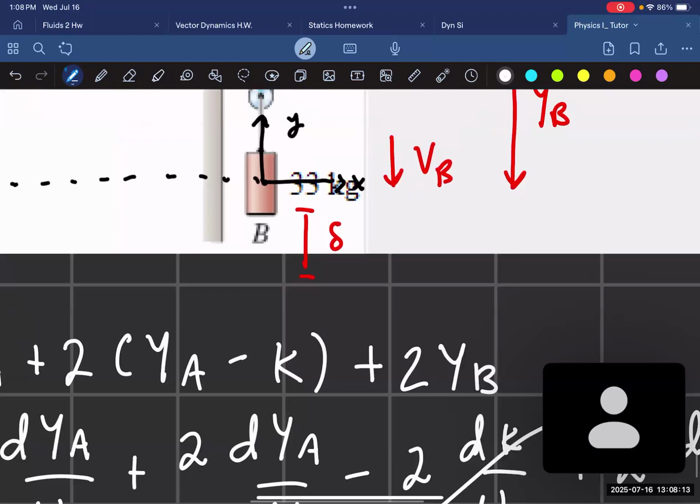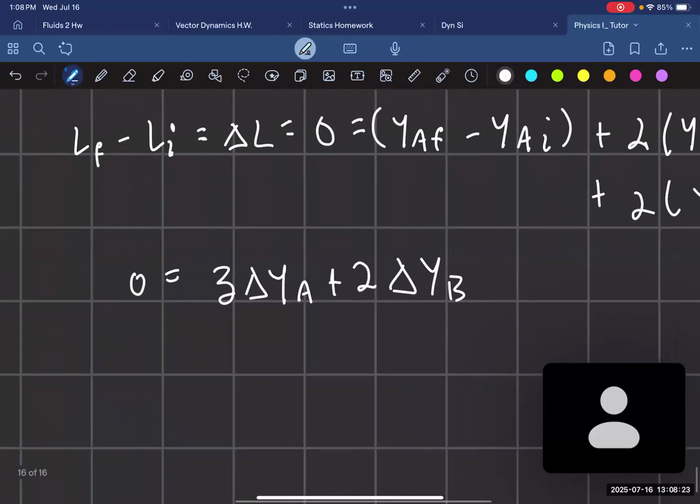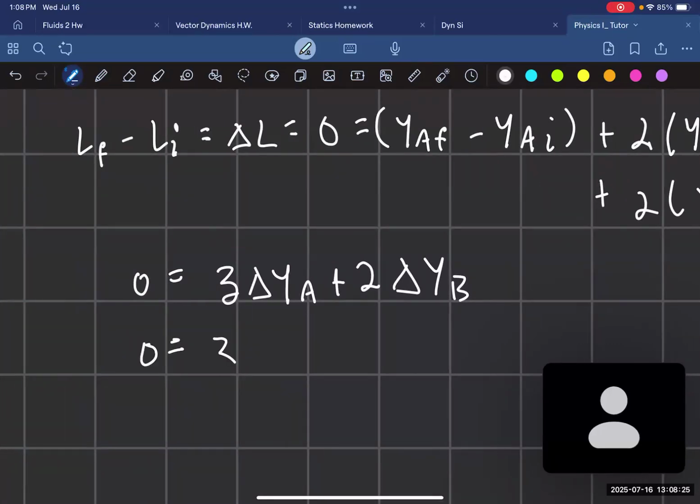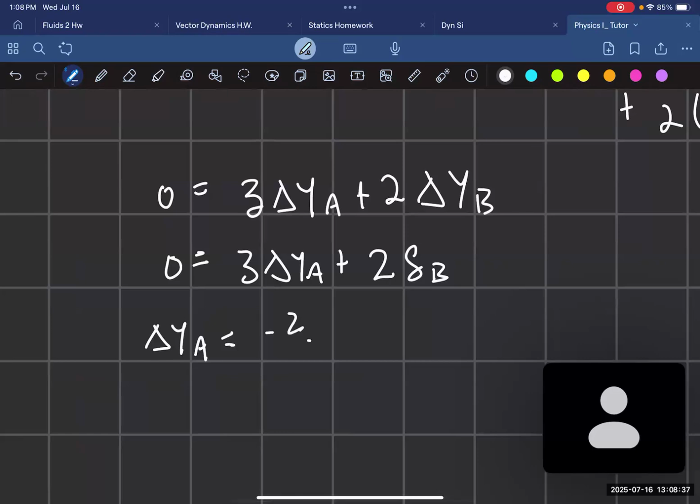This right here is delta y b, which 0 then is equal to 3 delta y a plus 2 delta b. Solving for delta y of a, we get delta y of a is equal to negative 2/3 delta b, right?